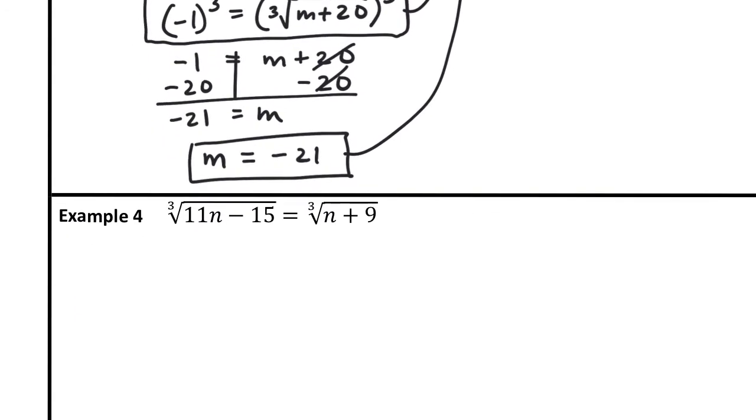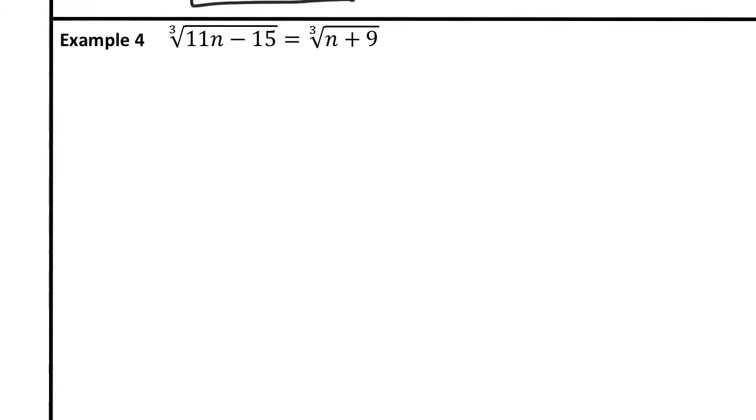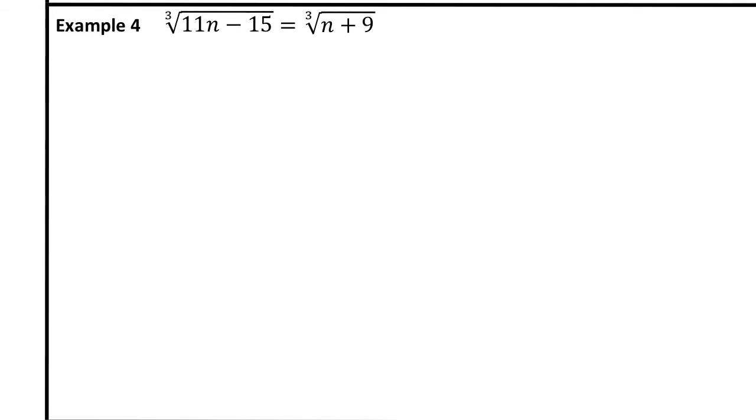All right, example 4. All right, step 1 is I isolate the cube root. Well, if I want to isolate the cube root, it's already isolated actually on both sides.